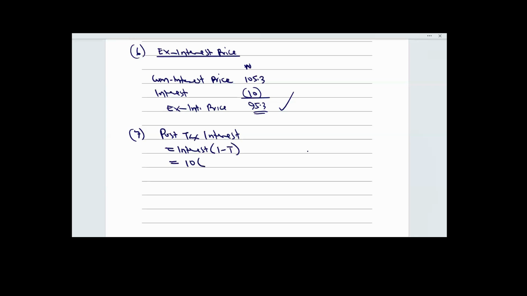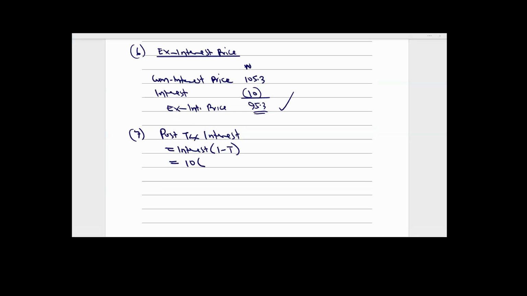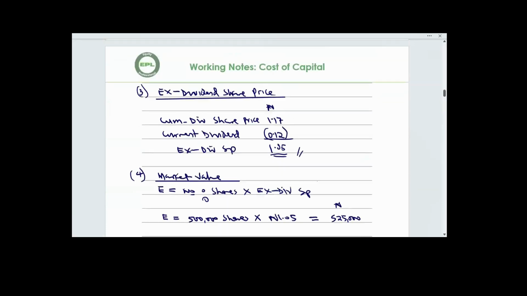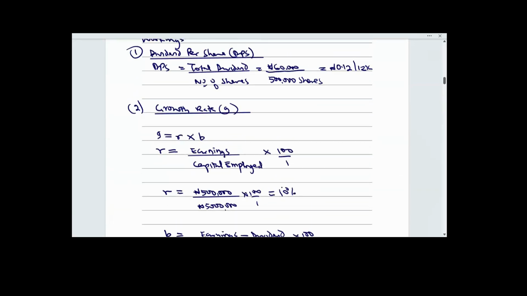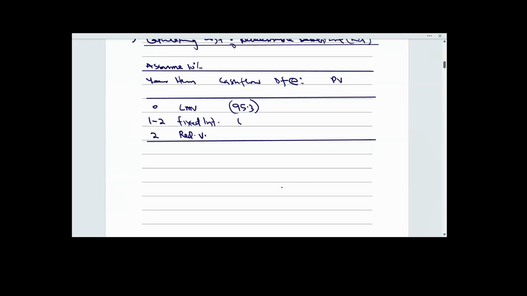Tax rate given is 40%. 40% tax, payable 1 year in arrears. So 10 multiplied by 1 minus 0.40. This will give us 6. Our after-tax interest is 6 naira. Okay, so I can then come in and say here is 6.